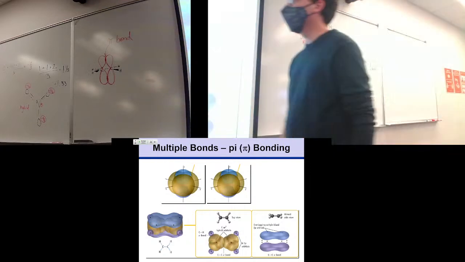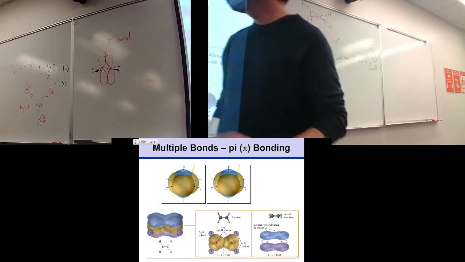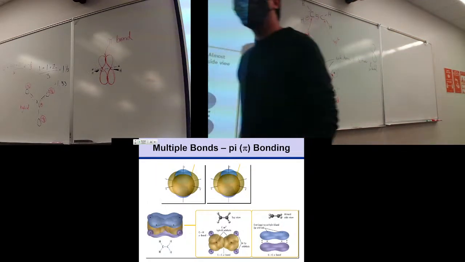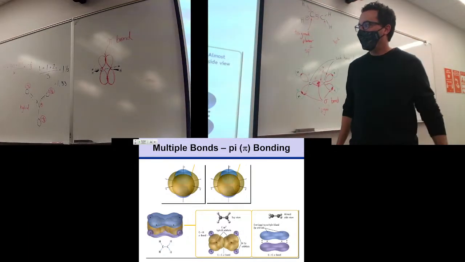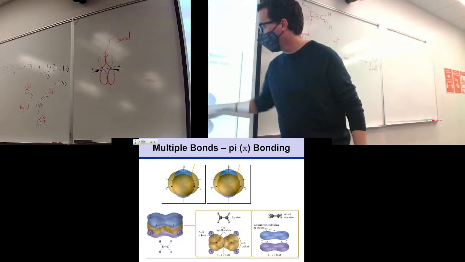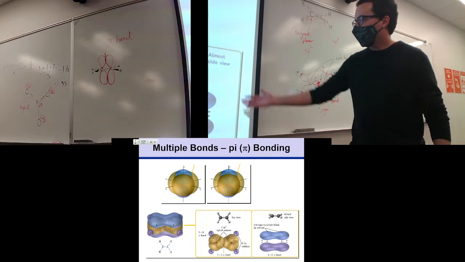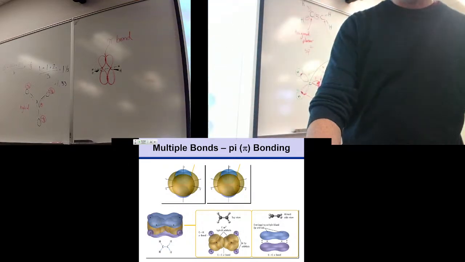Instead of using these very stylized orbitals, I think this is a slightly better representation of what the p orbital shapes look like after they overlap. They kind of just make this big smear like that. So that's a better picture of what it looks like. But again, it's a different version of the same thing.